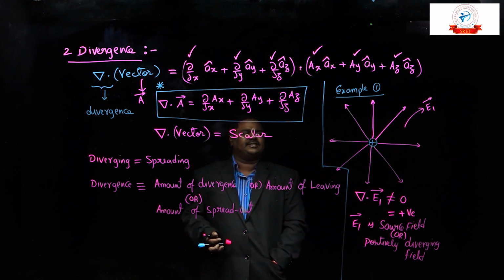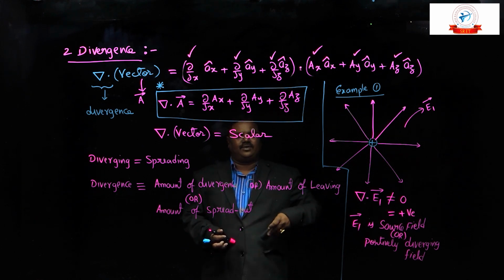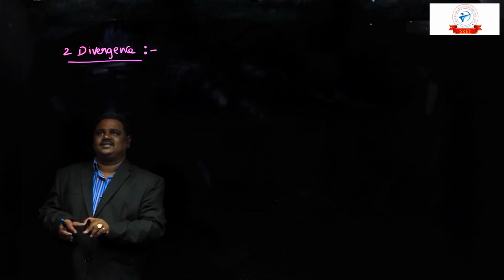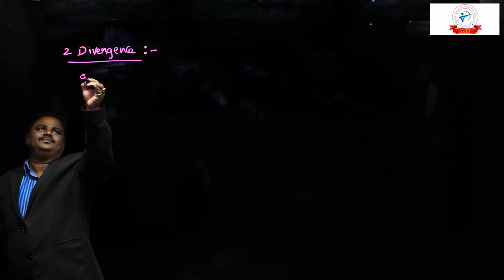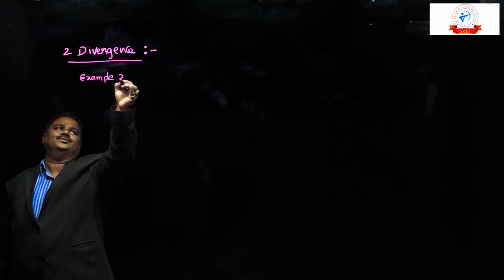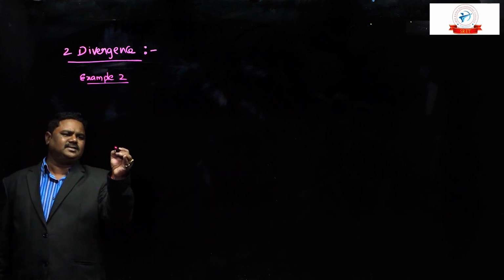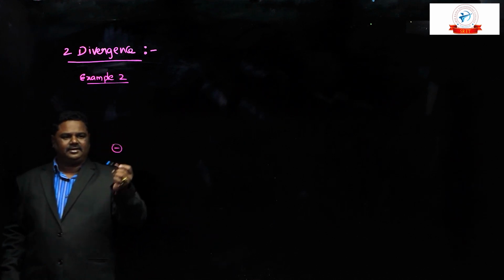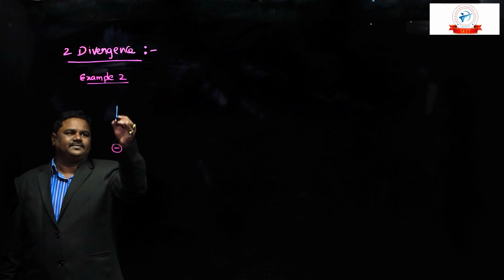Similarly, let us take another example. In the next example, let us consider a negative charge. What is the electric field due to a negative charge? Then we find its divergence. Example 2. Consider a negative charge. What is the direction of the electric field due to a negative charge?